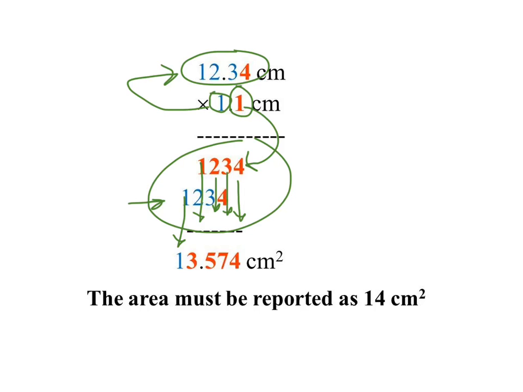We look at the number after the 1's position. After the 1's position is a 5. So what did we do with the 3? We rounded it up. Any questions? And again, don't forget your units. Centimeters times centimeters is centimeters squared.